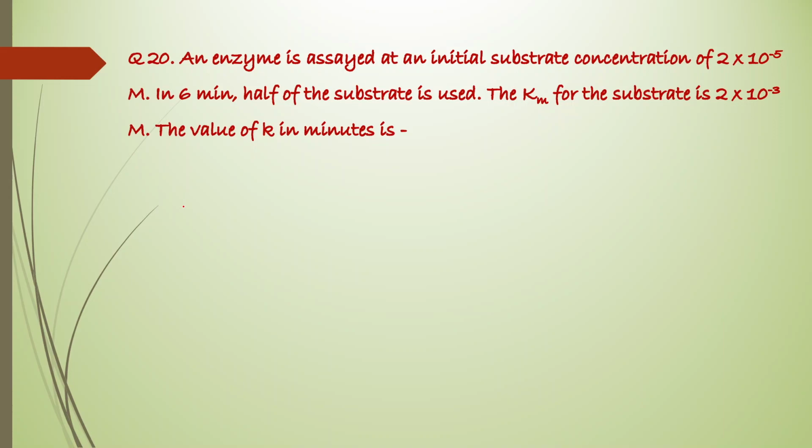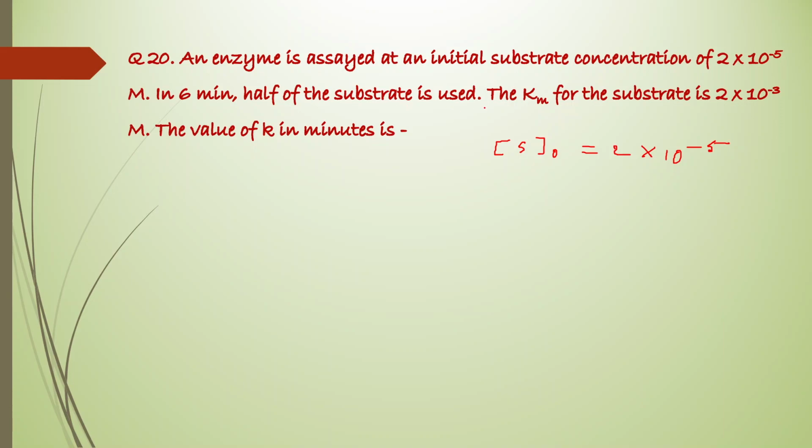It states an enzyme is assayed at an initial substrate concentration of 2 into 10 to the power minus 5 molar. Okay. So our initial substrate concentration is 2 into 10 to the power minus 5. In 6 minutes, half of the substrate is used.